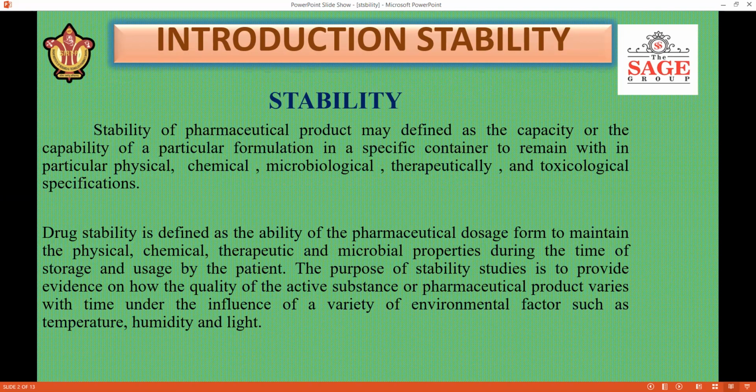We can say that stability can be defined as the ability of a pharmaceutical dosage form. Stability of a pharmaceutical product also indicates how long a formulation retains its original form without any changes.